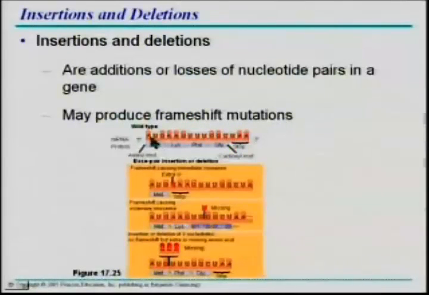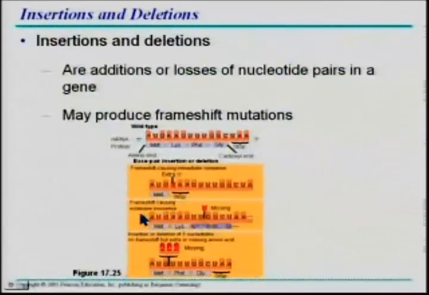So here we see the wild type messenger RNA and protein. Again, the methionine, lysine, phenylalanine, glycine at the carboxy end and the amino end to the left. With a base pair insertion or deletion, you can get a frame shift causing an immediate nonsense. So here's a stop.